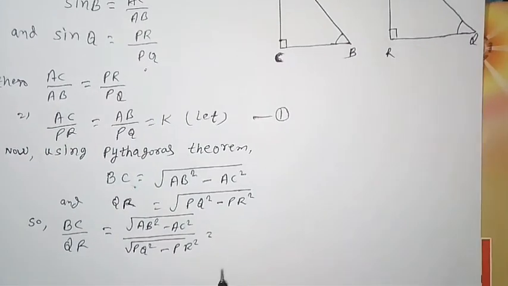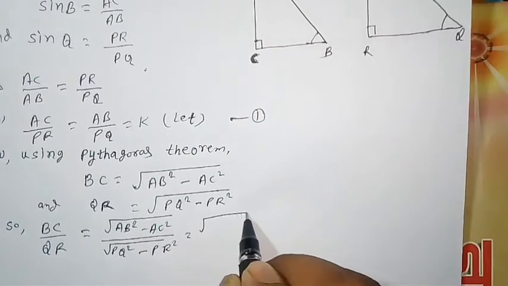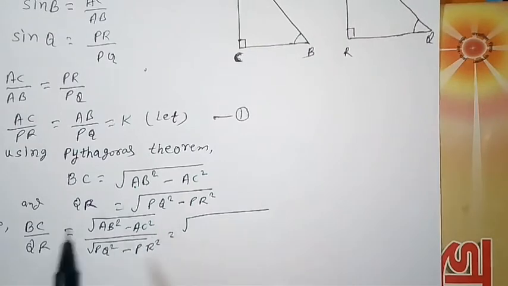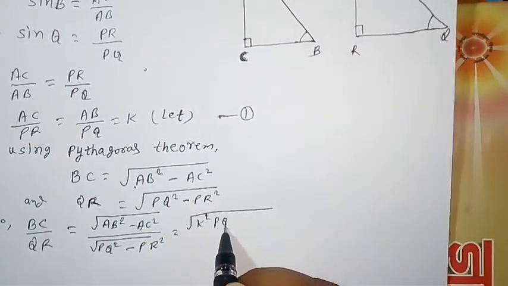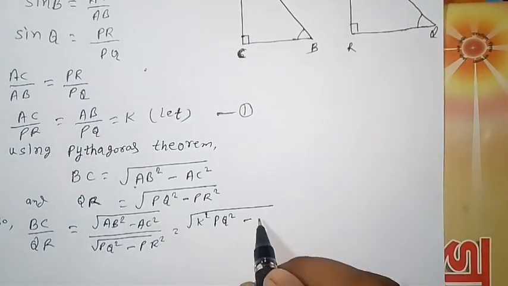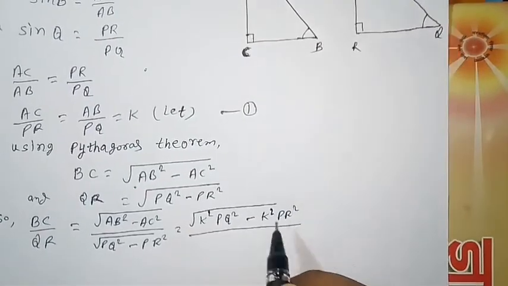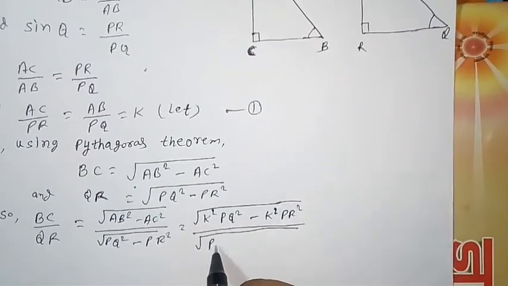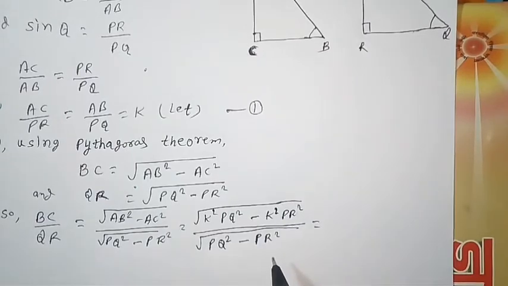So I am putting the value of AB and AC. AB is equal to KPQ. It means K square PQ square minus K square PR square, by root under PQ square minus PR square.